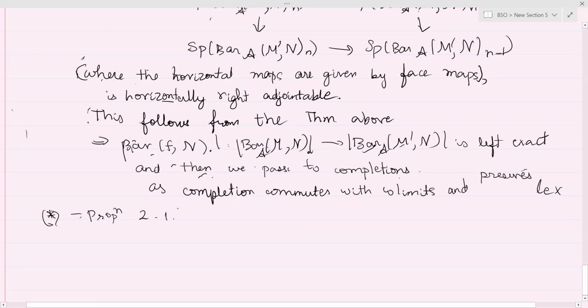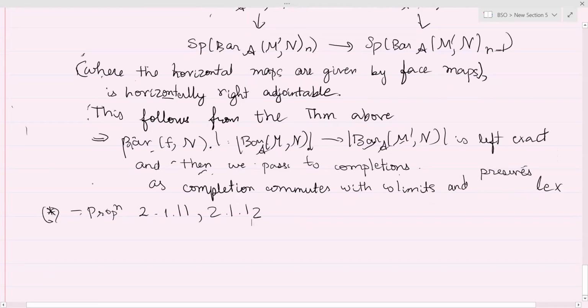So as for the missing part, it's from these two propositions, which I will roughly paraphrase.